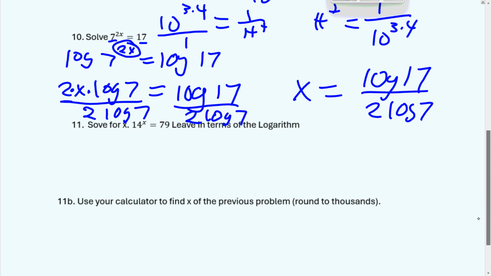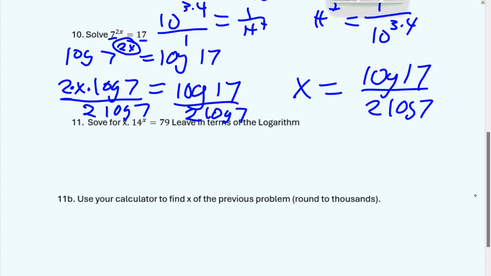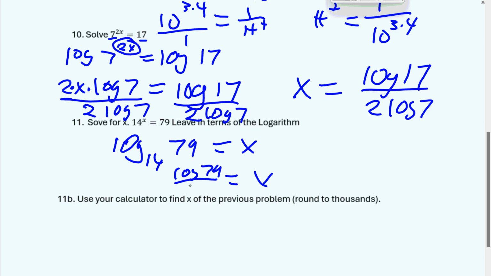So hopefully these help. Just extra practice. Same with this one. Take the log of both sides, or even somebody rewrote this on the quiz, log 14 of 79 equals x, which is great, but then use change of base formula and rewrite it as log of the top, 79, over log of the base, 14. That's fine too. Okay, or you can take the log of both sides.